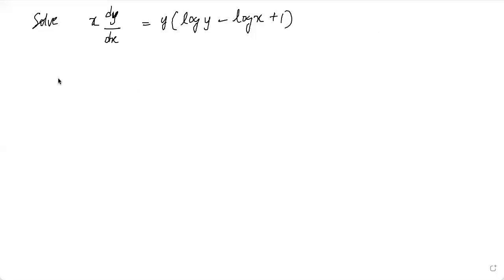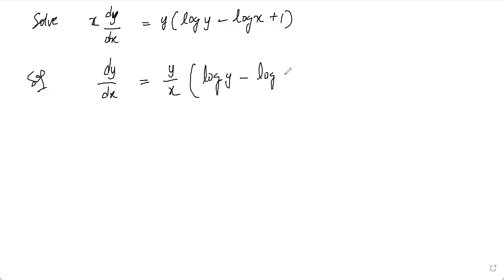Okay, so let us solve this. Again, we'll write this as dy by dx is equal to y by x into log y minus log x plus 1, or we can write this as y by x into log of y by x plus 1.